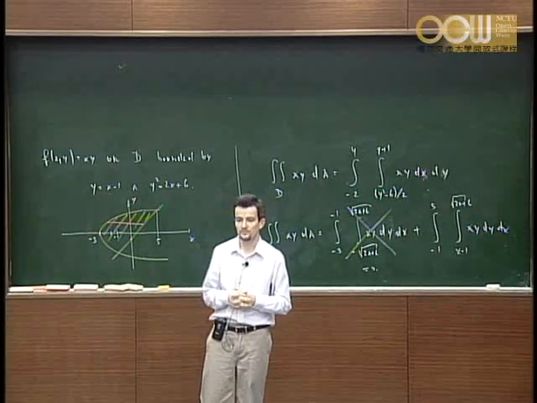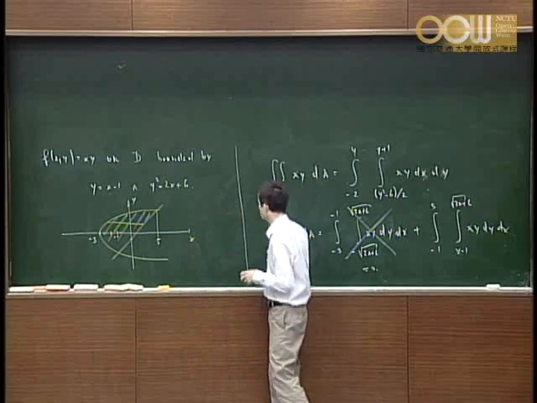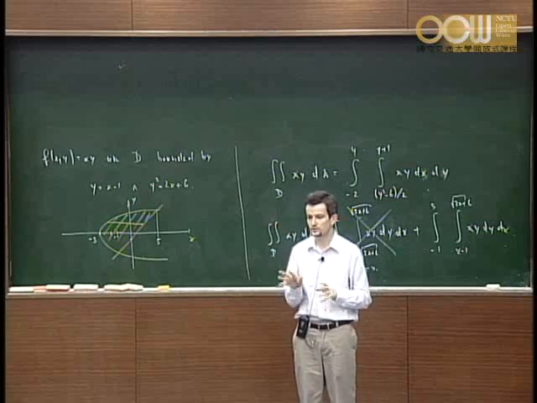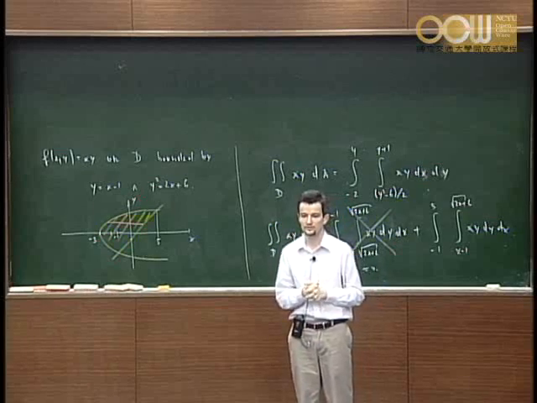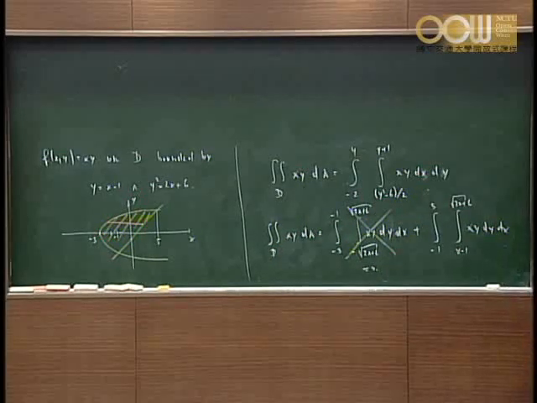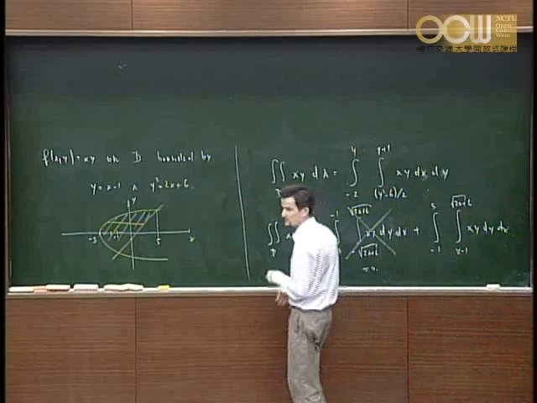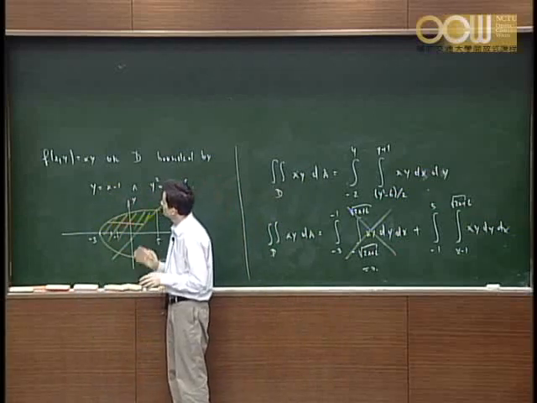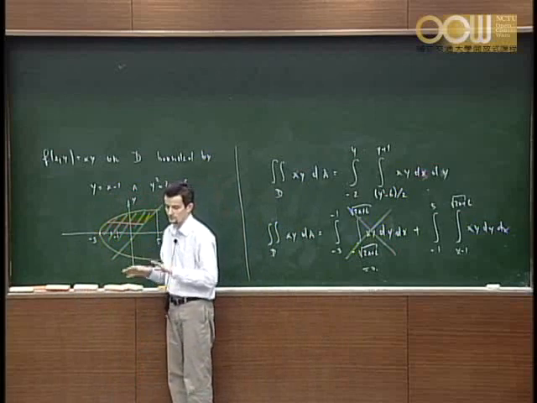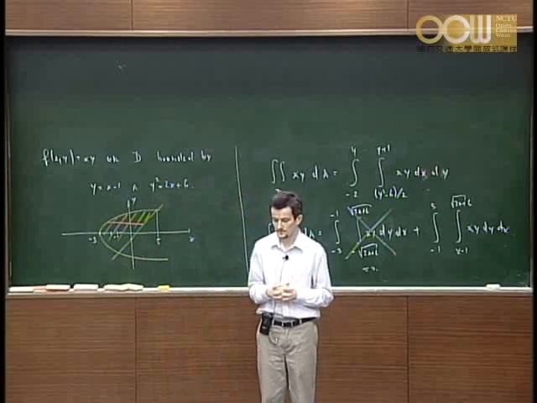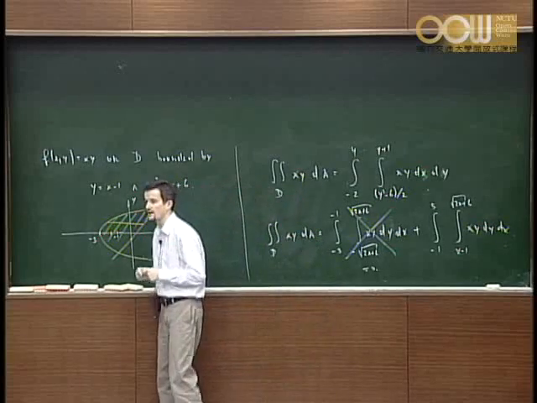For some examples, we will see this on Thursday, if we change the order of integration, then we will be able to compute the double integral. If we do not change the order of integration, we will not be able to compute it. So the order of integration will be very essential in some cases, not for this example, this is not a good example. Of course theoretically you get the same value no matter whether you first go over x and then over y or the other way around.